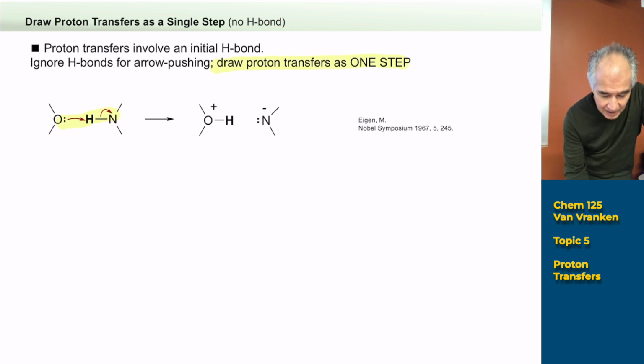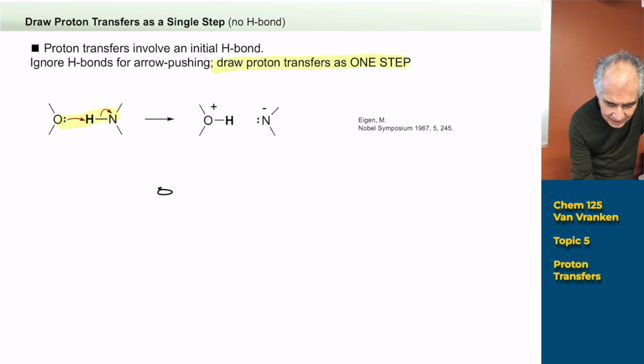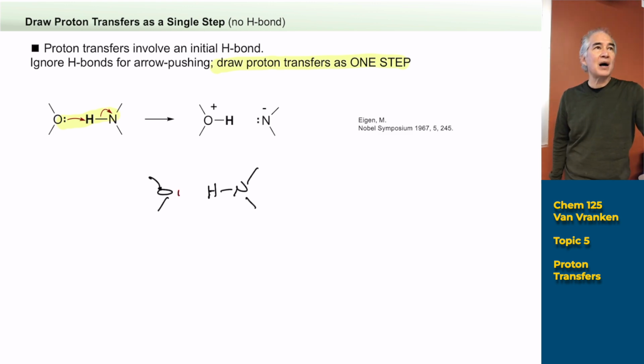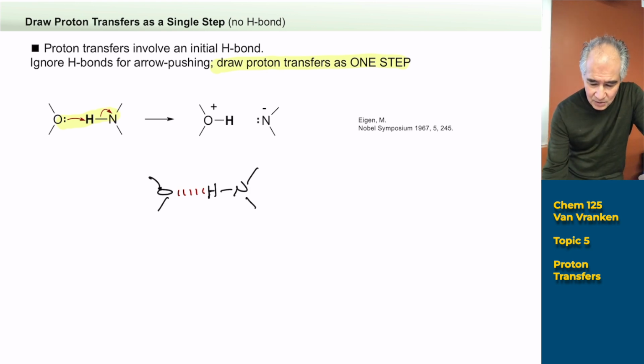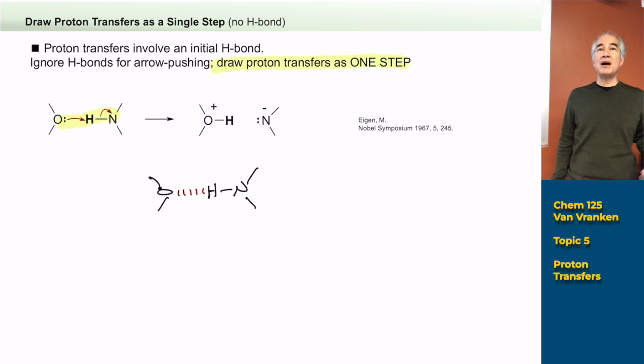The first step in proton transfer is actually formation of a hydrogen bond. This H likes to get close. The oxygen likes to get close to that NH. There's partial positive charge on that proton, partial negative charge on the oxygen. And so I'll go ahead and draw out that hydrogen bond. Oftentimes we draw these dashed lines, but I told you, we can't use dashed bonds for arrow pushing.